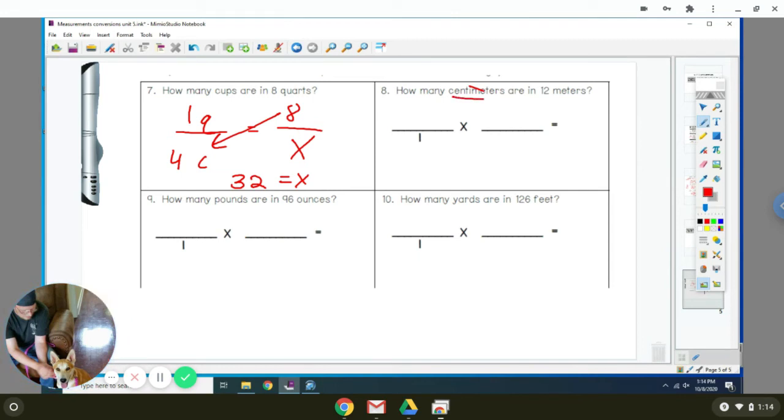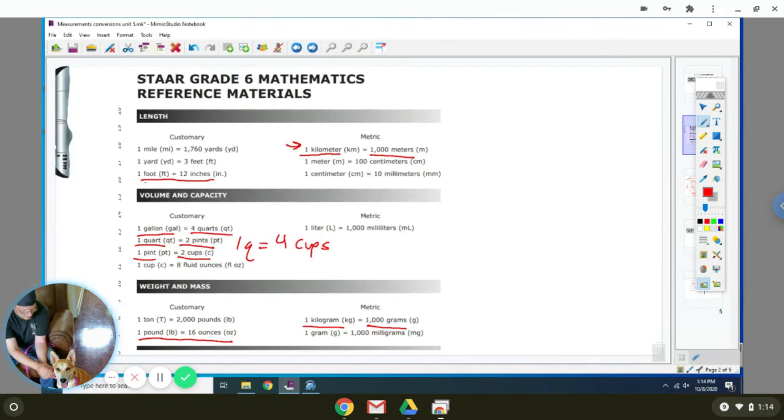How many centimeters are in 12 meters? So we're going to go back to our conversion chart. We're going to look for centimeters and meters. So here is a meter and then centimeters. So for every 1 meter is 100 centimeters.